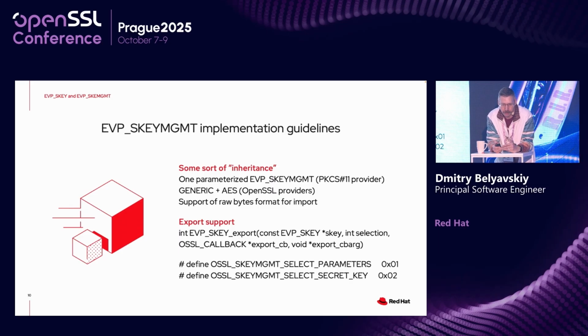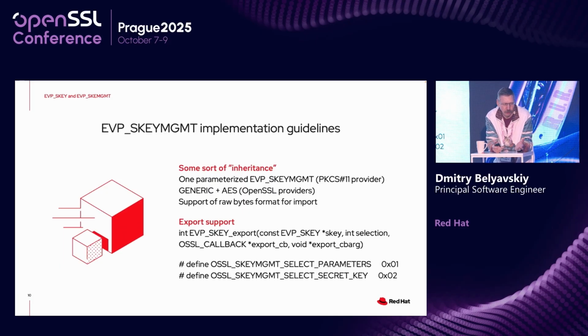So, what are the guidelines for implementing EVP_SKEYMGMT? You can use basically one EVP_SKEYMGMT per provider. It's a reasonable approach, if I'm not mistaken, but I did not check. It's implemented in the PKCS11 provider.